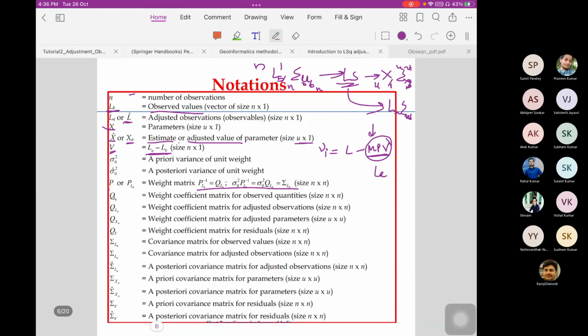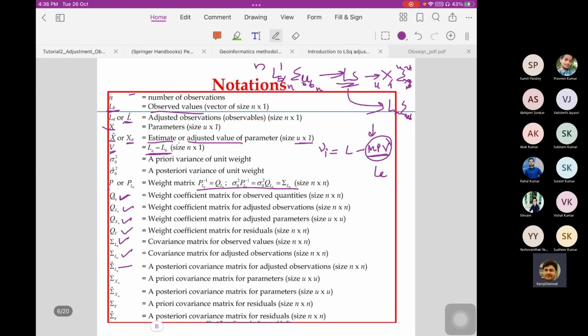Now, Q Lb is the weight coefficient or cofactor matrix for observed quantities. Q La is the weight coefficient matrix for adjusted observations. Similarly, Q Xa is the weight coefficient matrix for adjusted parameters. Q V is the weight coefficient matrix for residuals. Similarly, sigma Lb is the covariance matrix for observed values, and sigma La for adjusted observations.